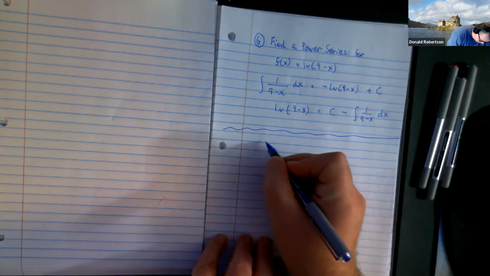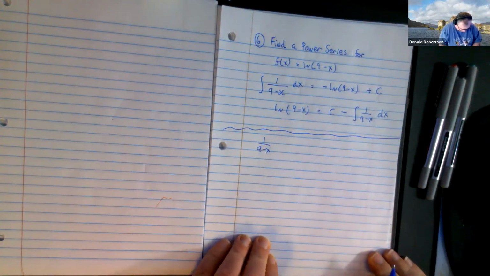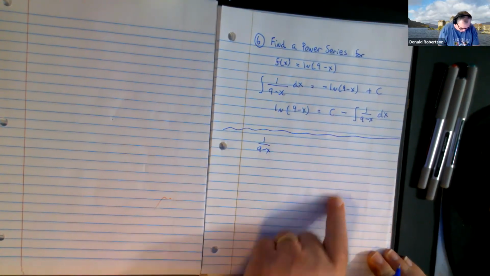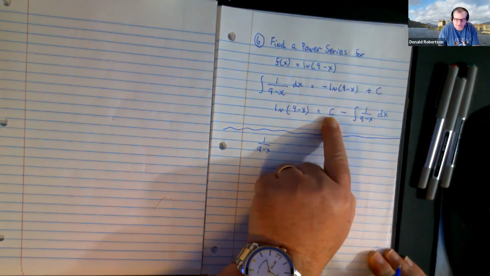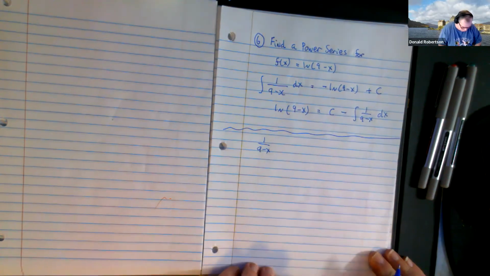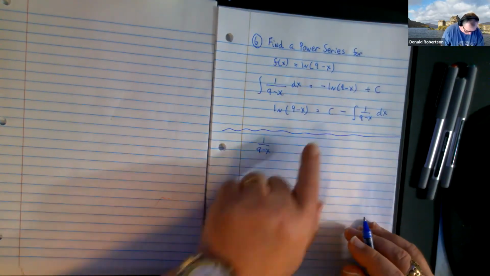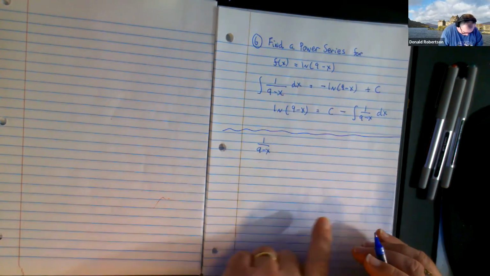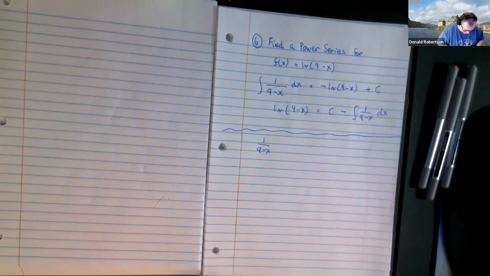So now our job is first to find the power series for that, check. Then integrate it, yep. Then make it a negative, and then stick a c at the front. And later on we'll talk about what that c is equal to. It's essentially going to be the value of the function when x is 0. So I can tell you it's going to be a ninth just by looking, or at least a log of a ninth.